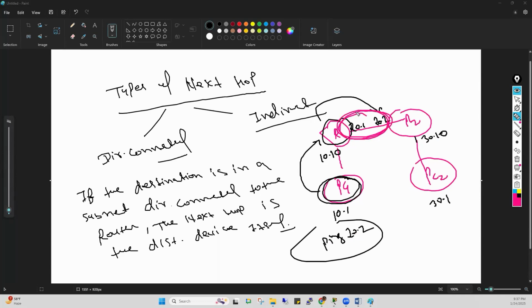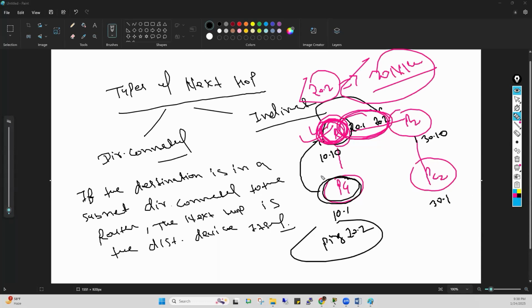Getting my point? So for this router, the destination is 20.2, which belongs to the 20 network, and this subnet is directly connected with this router. It means your destination is directly connected with this router. So that is called directly connected next hop.